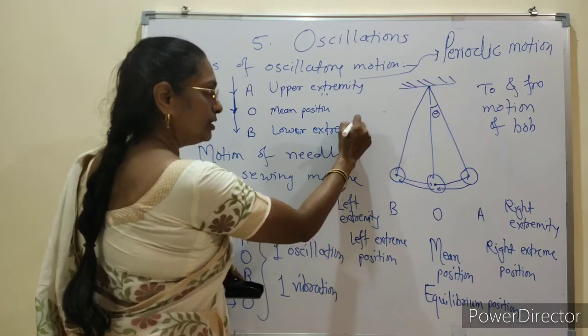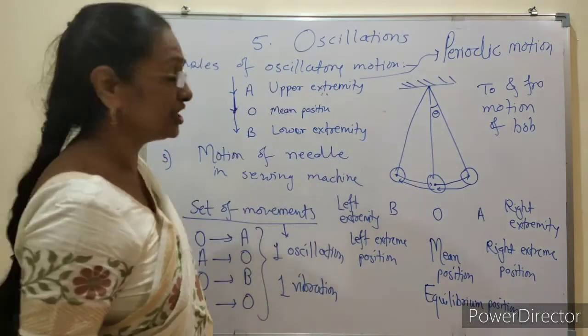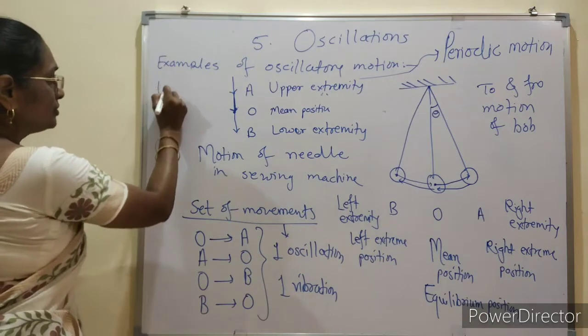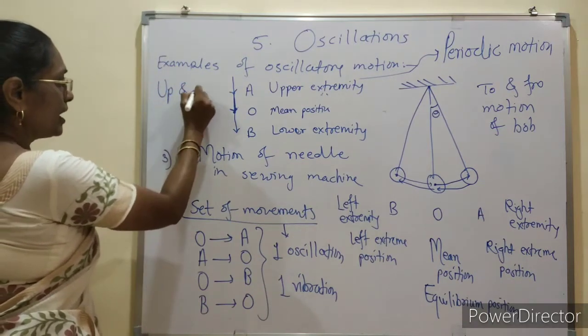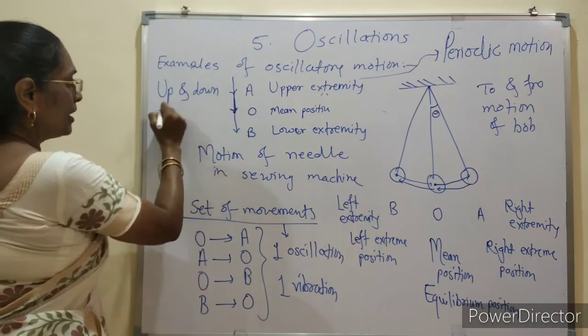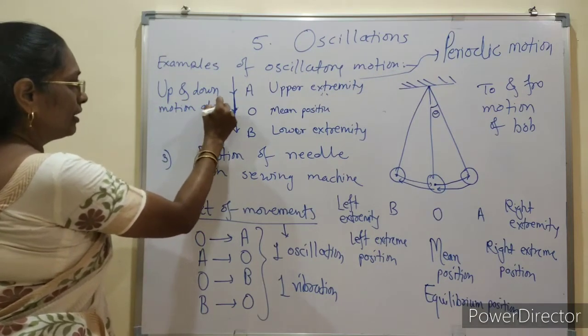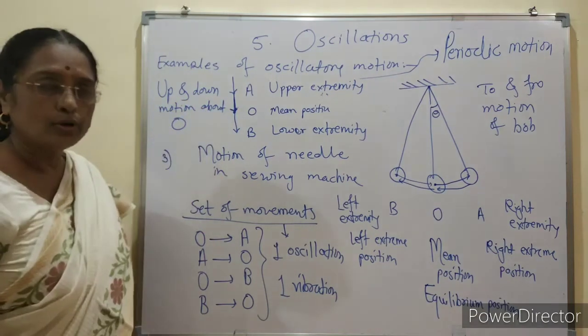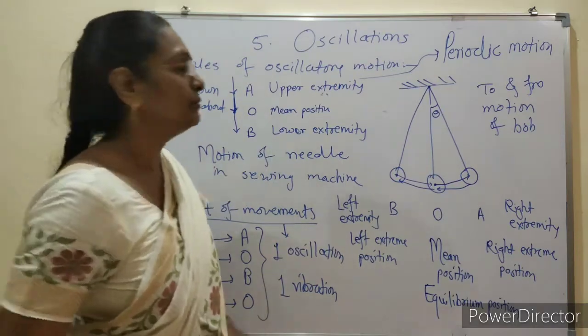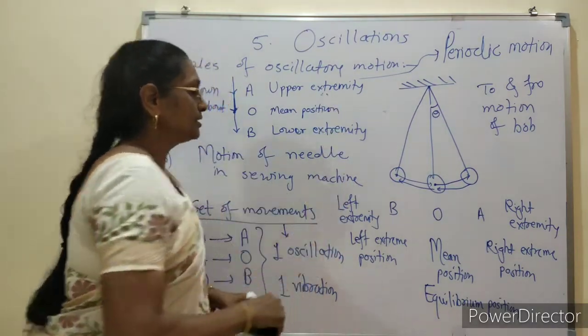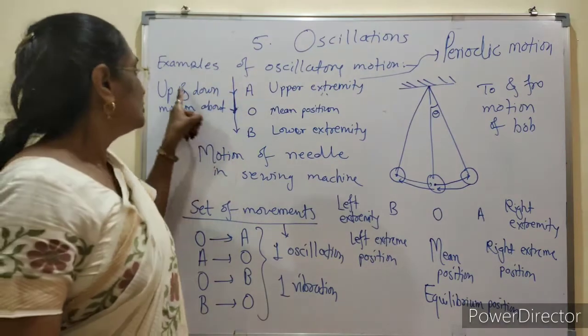So here the set of movements is up and down motion about a point O or about the mean position. In this case it is up and down.